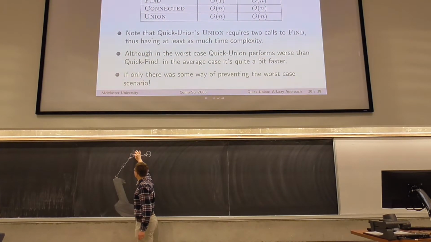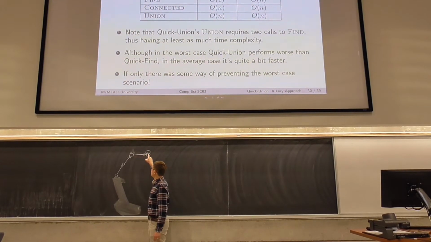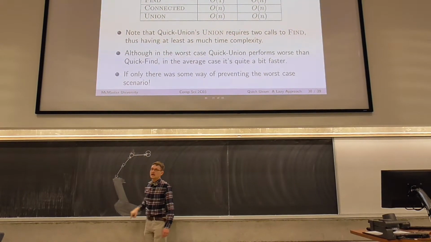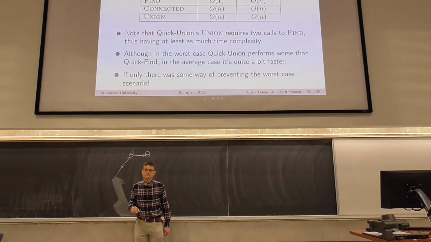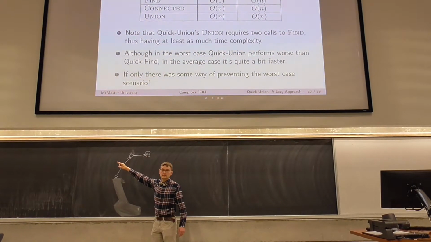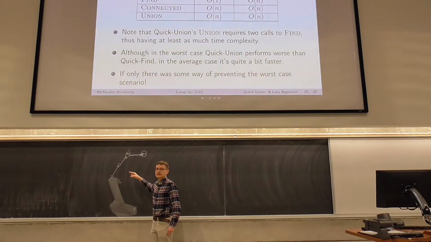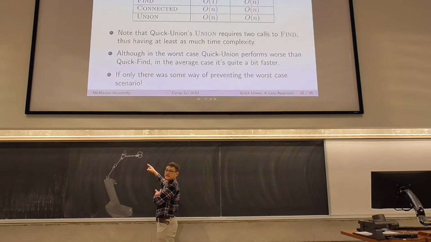Now, at the moment, the decision of whether we're connecting this guy to this guy or this guy to this guy, that's currently arbitrary, right? If we connected it the other way, then we wouldn't have that linearization effect.